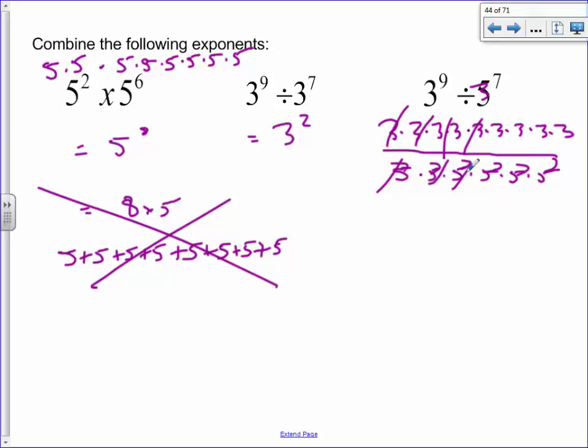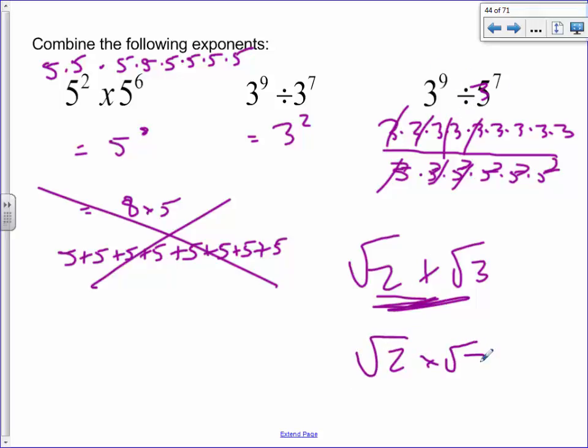Sometimes they actually can't go together. If I were to ask you to try to combine root 2 and root 3, they can't be added together. Like, sometimes the answer is this is where we're stuck at. This would be another good example of that. Sometimes you can't. If I asked you root 2 times root 3, sure, that might be possible.